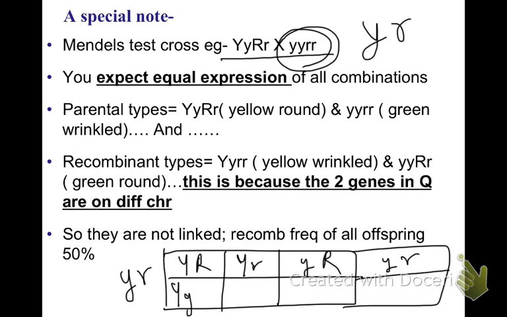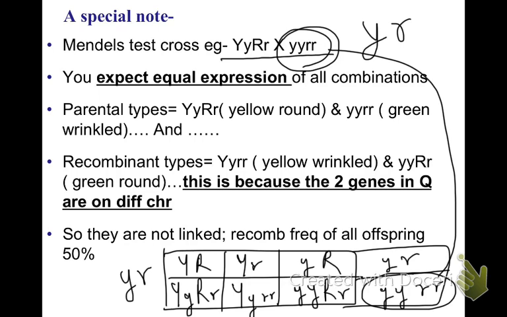Capital Y, small y, capital R, and small y, R, R. So you observe in this particular case, this one looks exactly like the parent, and this one looks exactly like the parent here, and these two are totally different and unique from the parent. They are like a combination.